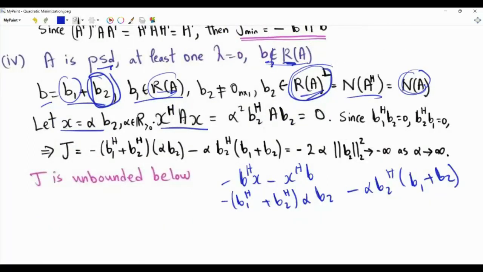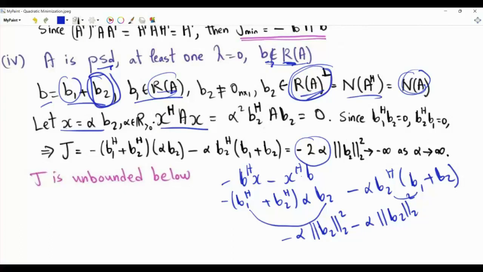Note that B2 and B1 are orthogonal to one another, so the inner product is equal to 0. So this term is 0, and this term is 0. So we are left with minus alpha times the L2 norm squared of vector B2. And from the other term, we will get a similar term, minus alpha times the L2 norm squared of vector B2.